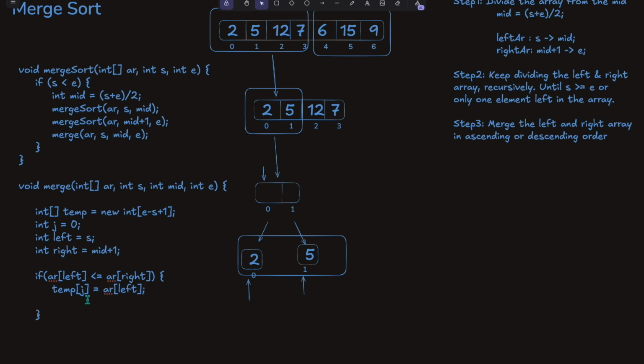So here j value is 0, and in the 0th index we will place the left side array value if it is less than or equal to the right side array value. If it is not, then we need to place it in temp j, the right index of the array.